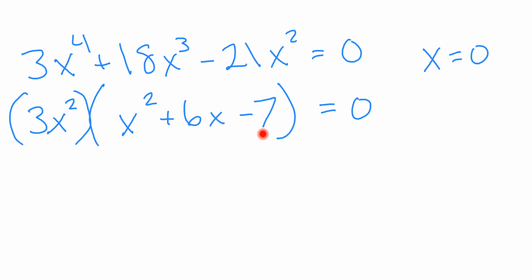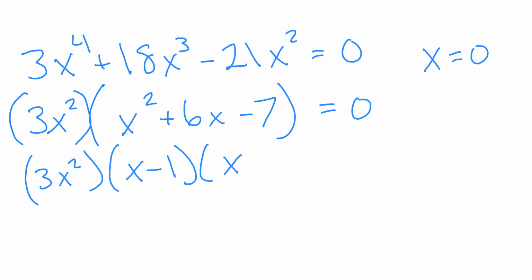So let's factor this and use our zero factor property again. So what are two numbers that multiply to -7 and add to +6? That's going to be x minus 1 and x plus 7. So we can see right here, x can be +1 and x can be -7.